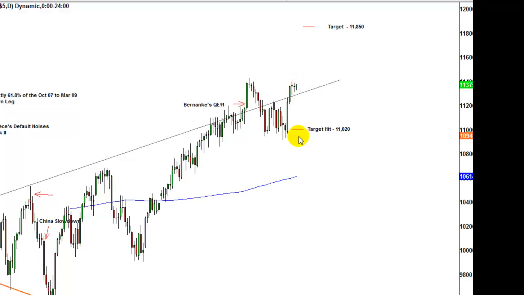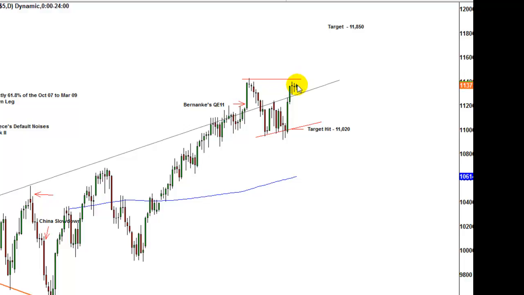This will either turn into a triangle, so we'll have a rising trend line here and a horizontal trend line here. In fact, we could put that in just to demonstrate that. And what it means is that we'll see, because we've come virtually down in an ABC here, and then an ABC up.